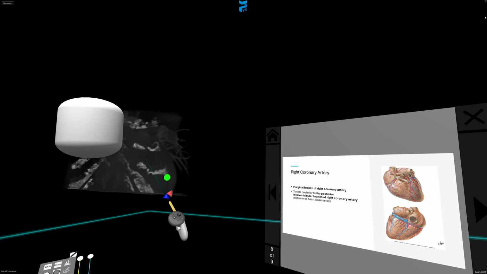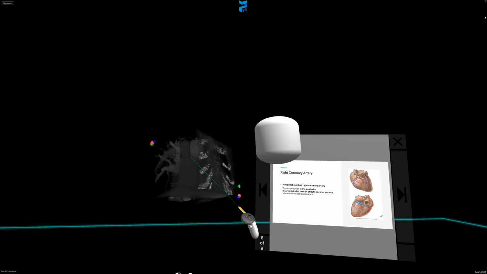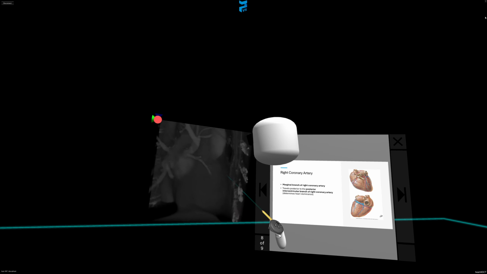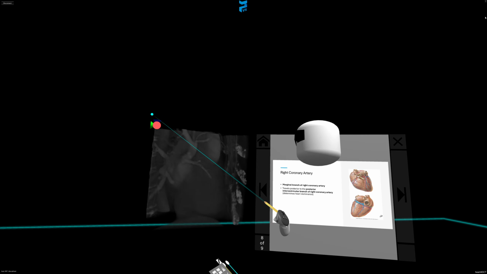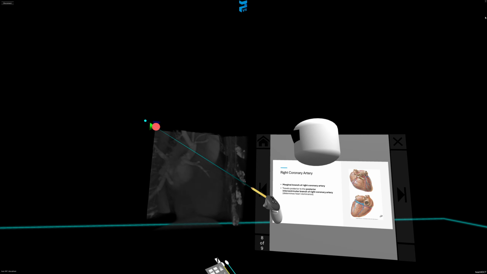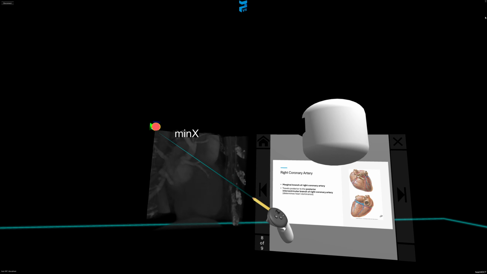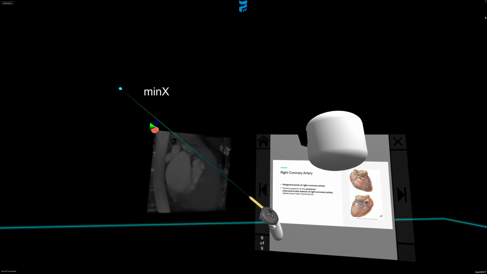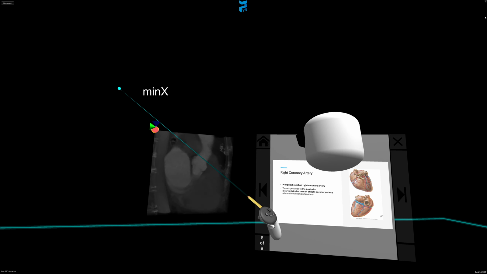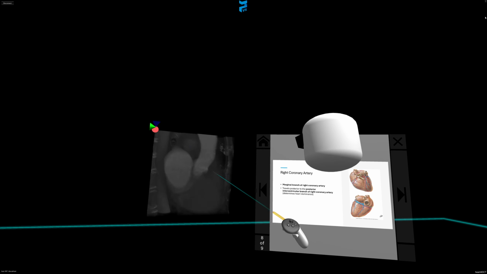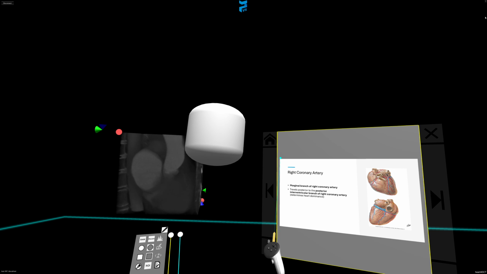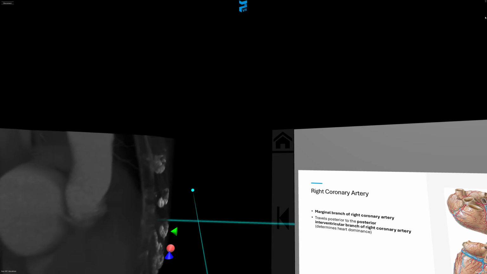The right coronary artery, coming off right over here, you can see filling with blood, will give rise to the marginal branch of the right coronary artery.